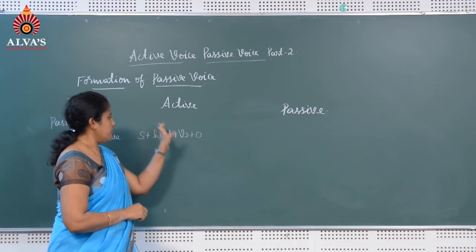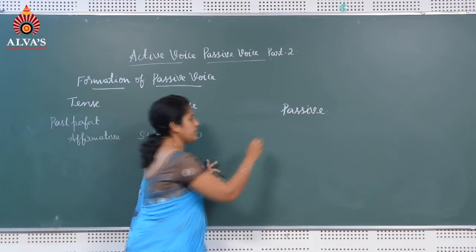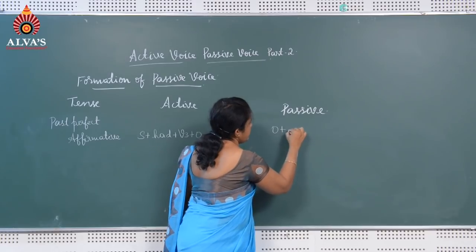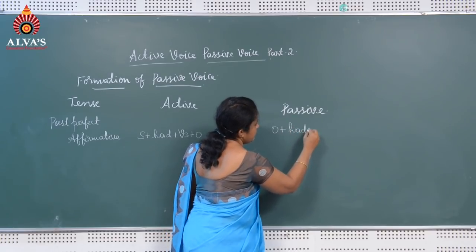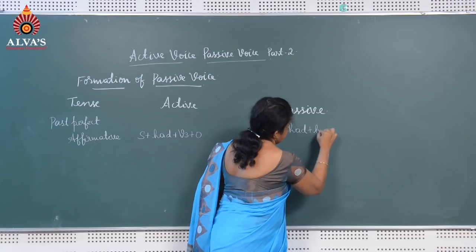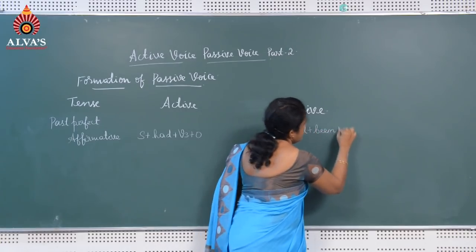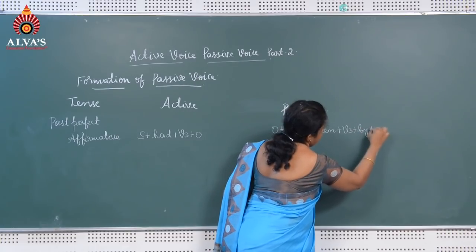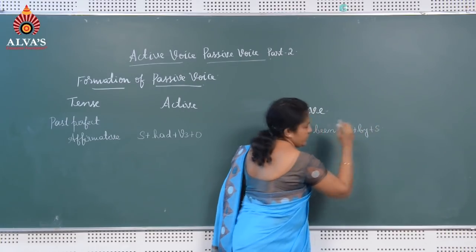When it comes to passive voice, it becomes object plus had plus been plus third form of the verb plus by plus a subject.